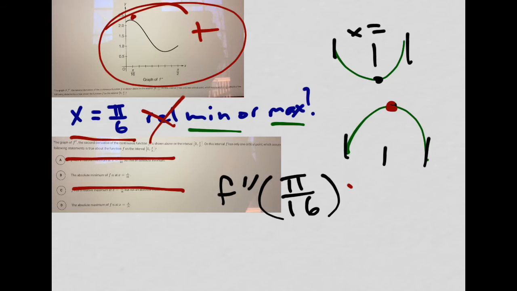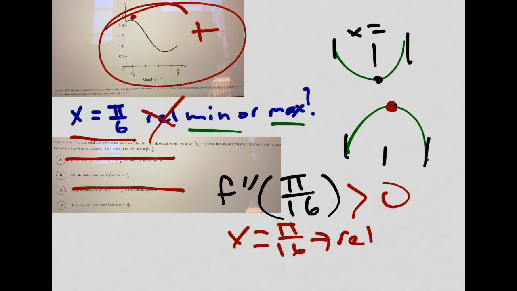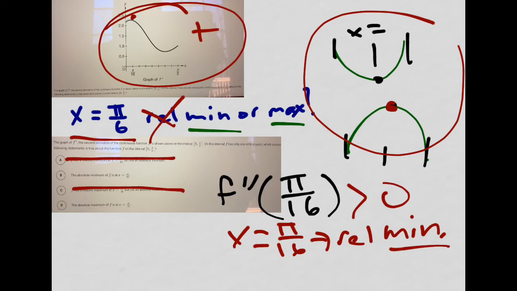So it's greater than 0. When this occurs, this means that at x equals pi over 16, you have a relative minimum. And like I just went over, it's not just a relative minimum, but it's an absolute. So it turns out that our answer here is B.